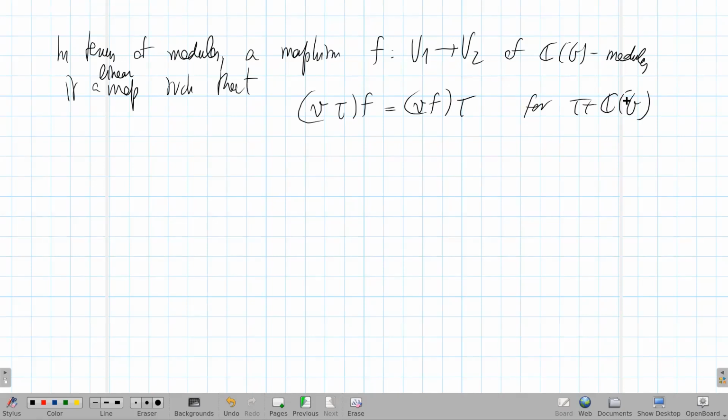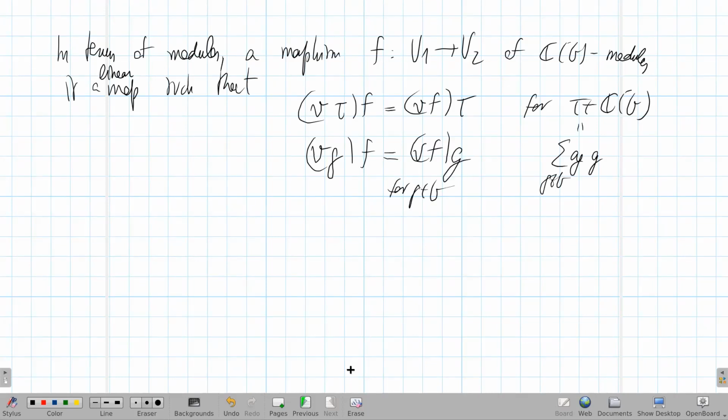An element tau will be a linear combination of elements of G with complex coefficients. The complex coefficients are already dealt with by the linear map, and even the sum. What's important here is that the linear map, as I said, takes care of coefficients and sums. You're saying this for g in G.